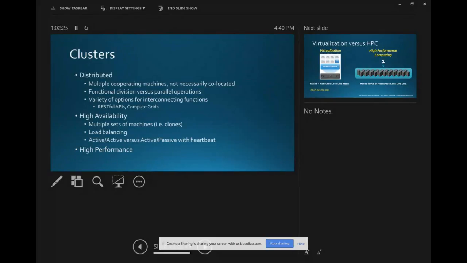So a distributed cluster are cooperating machines. They are not necessarily located at the same location. So it could be machines here in Chicago, in San Francisco, in Bengaluru, wherever, that are cooperating on a particular problem. Typically it's a functional division. Each one is doing a specific function and they all contribute back to the whole.